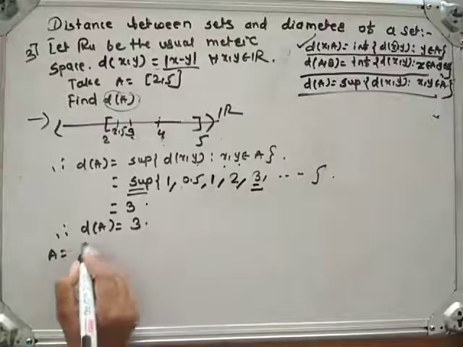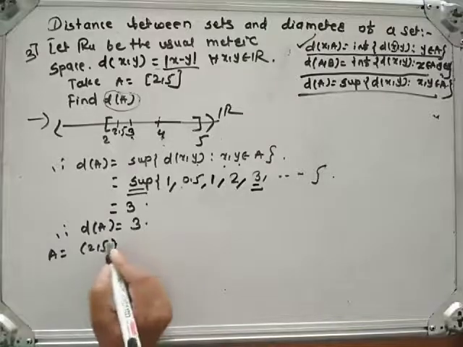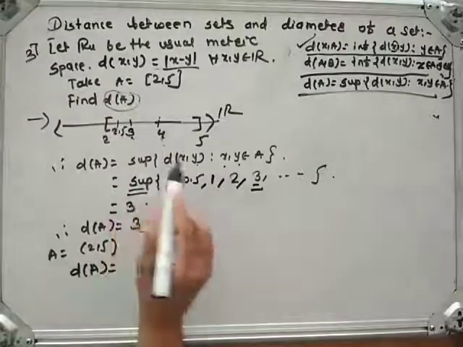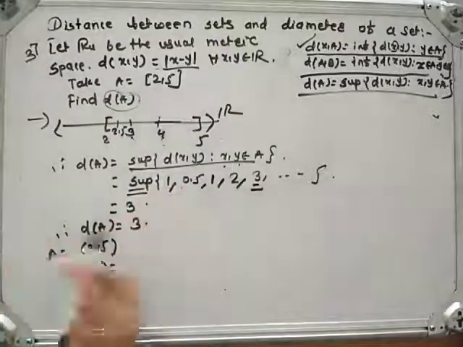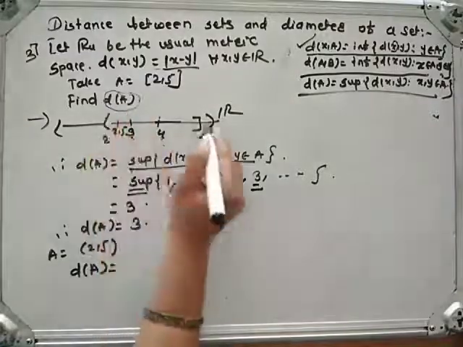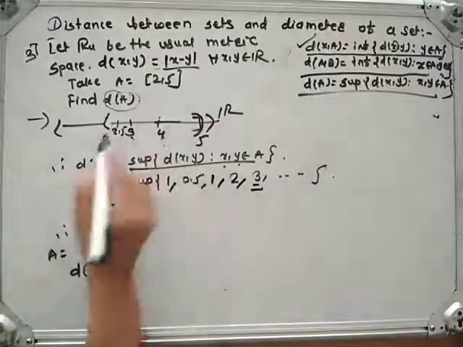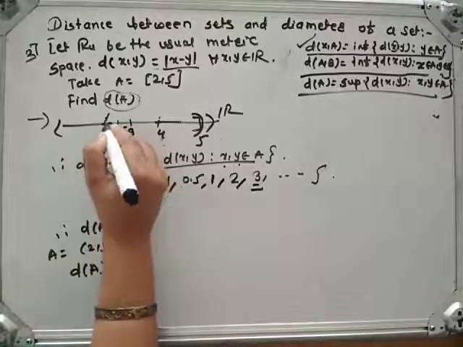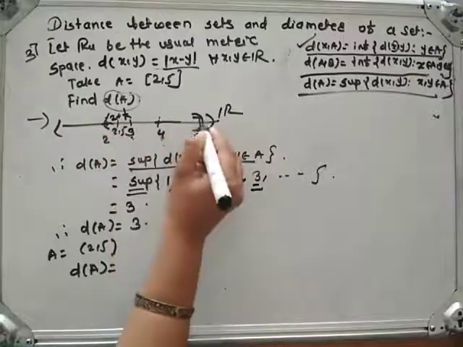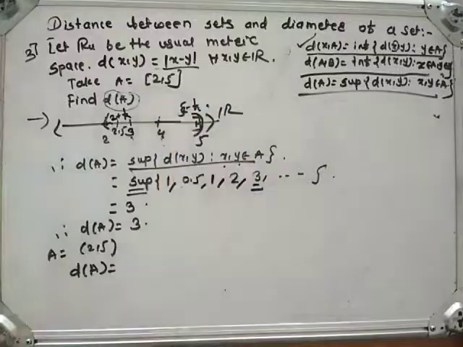If you take the open interval (2, 5), then what is the diameter of this open interval? Again write down the definition of d(A). Here observe that now we have taken an open interval, meaning 2 and 5 are not included in this interval. So this is a point of the form 2 plus 1 by n, and this is a point of the form 5 minus 1 by m.